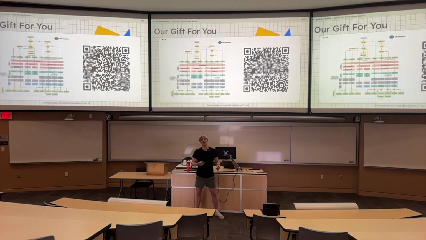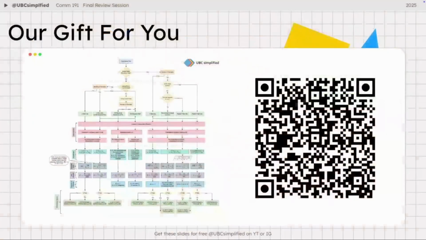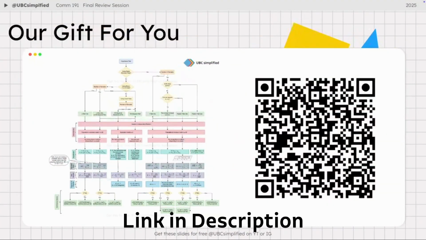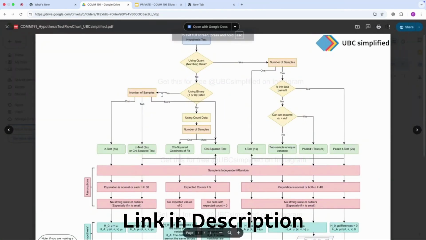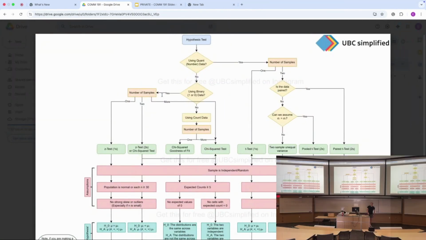All right, so last thing, we have a little gift for you. We've been working pretty hard on this. Essentially, it's a flow chart for all the different hypothesis tests. You start at the top, you go through what type of data you have, how many samples you have, everything else, and then it also tells you the formulas to use, the degrees of freedom, and how to calculate confidence intervals for that.